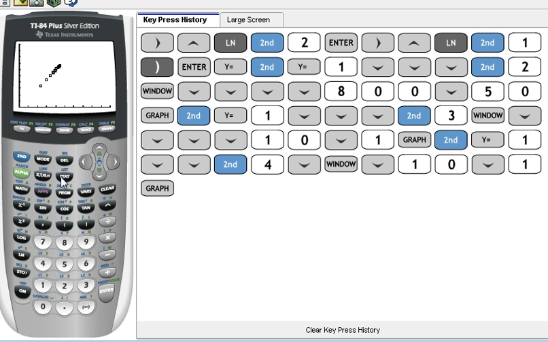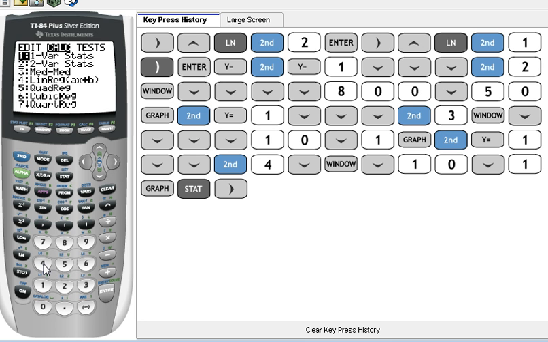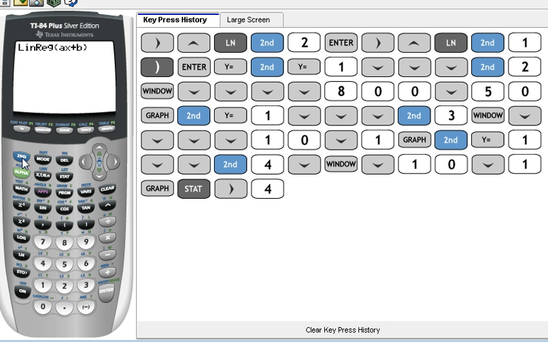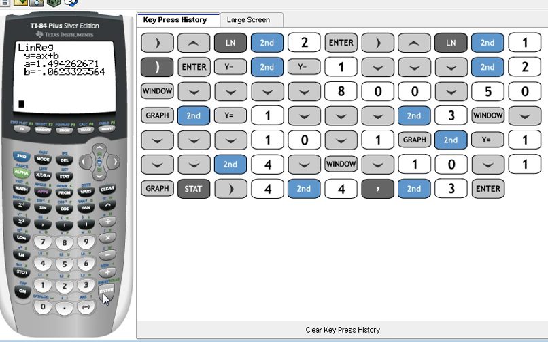So we'll find the regression equation by going Stat, Calc, 4, enter L4, so second 4, comma, second 3 for list 3. Press enter. And here we see the regression line. Note a is the slope, b is the y-intercept. We go back to the y equals screen and paste that equation in for y1.